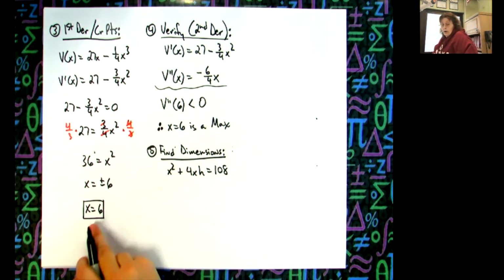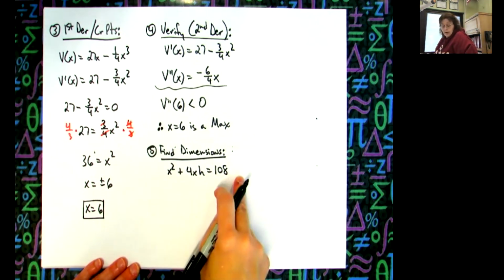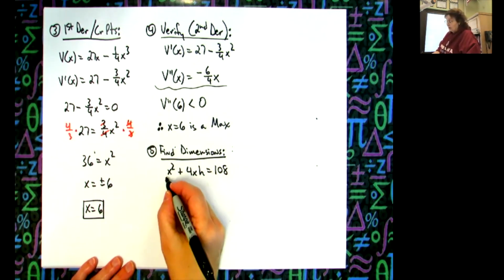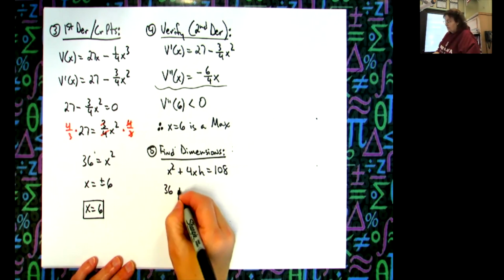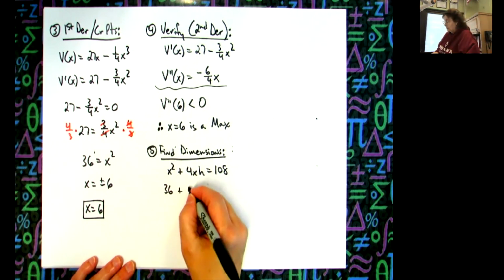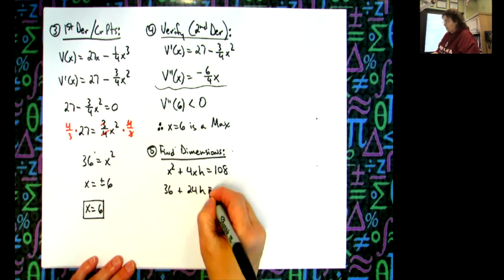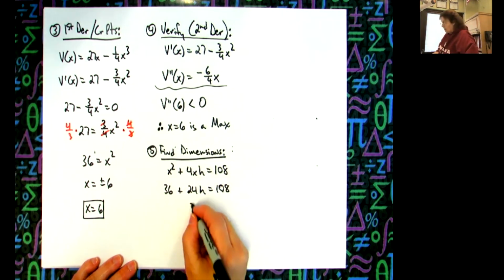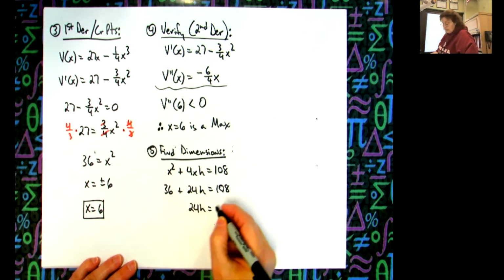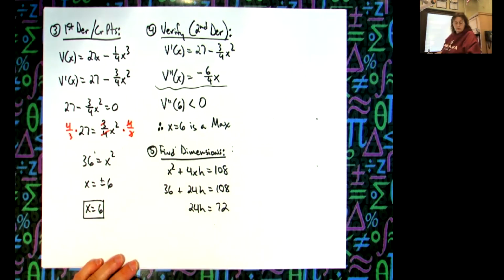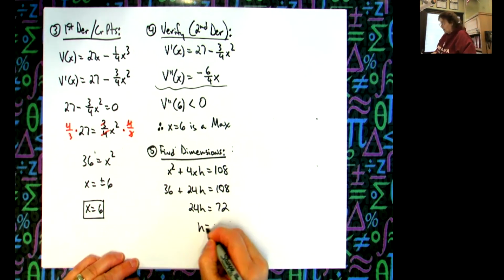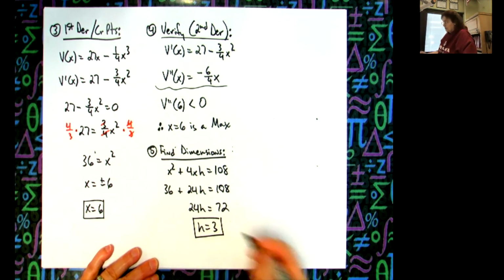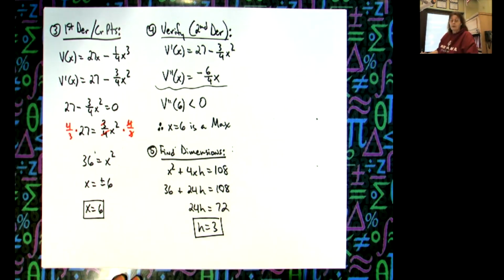Because I know what x is, now I can start plugging in here. x squared is going to be 36. 6 times 4 is going to give me 24 here. Subtract 36 from both sides. I think that's going to be 72. 72 divided by 24 is going to give me 3. So then I have a height of 3.